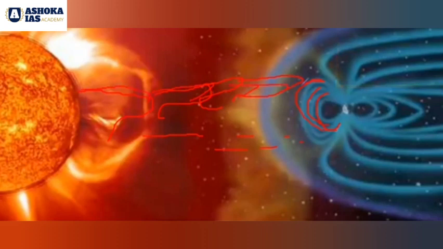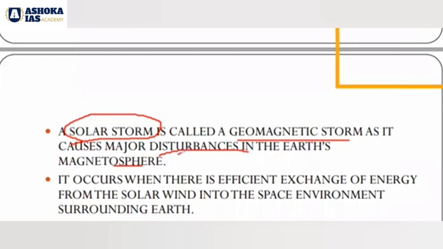Normally this plasma keeps on coming and keeps on interacting, but sometimes the solar flares with solar wind reach the Earth and interact with the magnetic field, and there will be some disturbances in the Earth's magnetic field. If the disturbance is more, we call it geomagnetic storm, as it causes major disturbances in the Earth's magnetosphere.